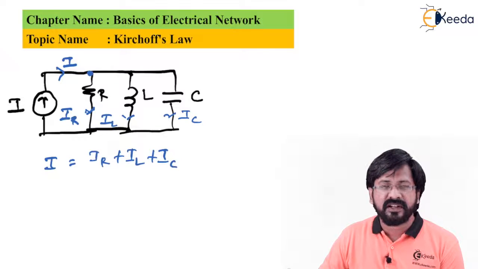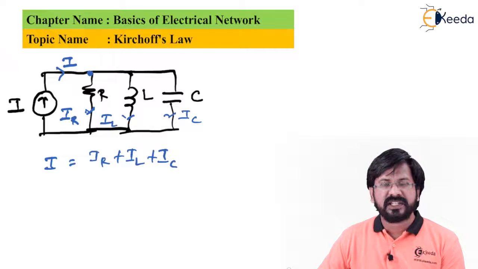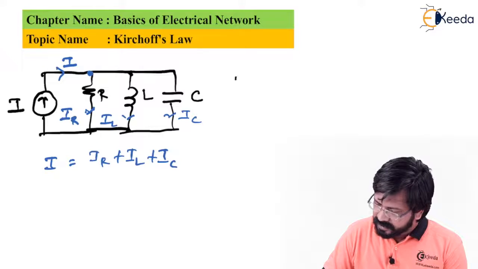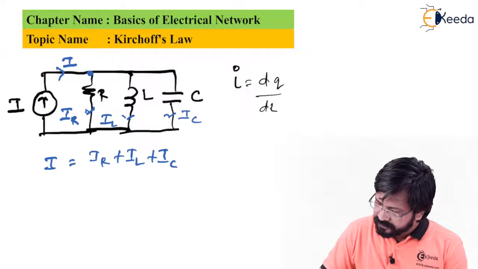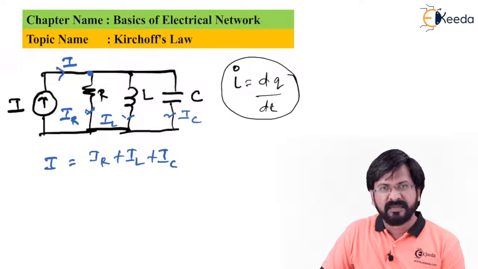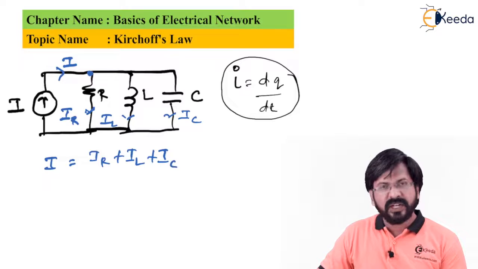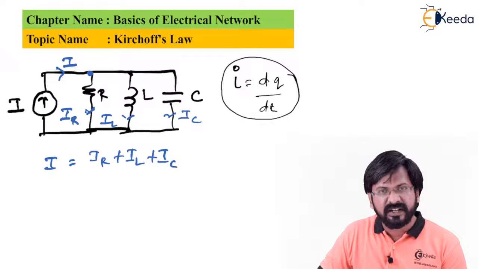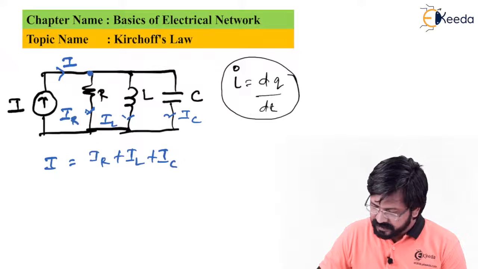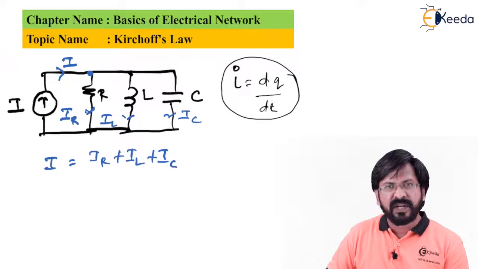Otherwise, how do we define current? Current is equal to dq by dt. That is charge per time, defined as current. So the unit of current is coulomb per second, which we define as ampere. So I can replace every current here by the dq by dt relation.